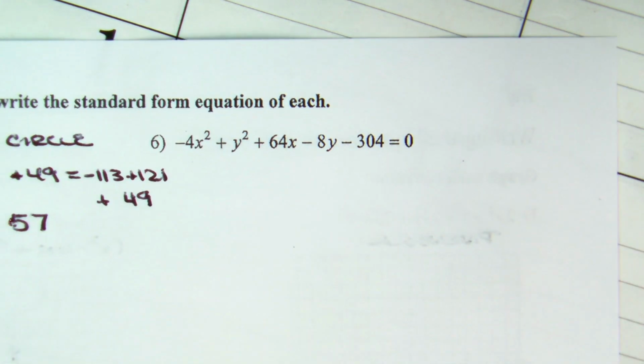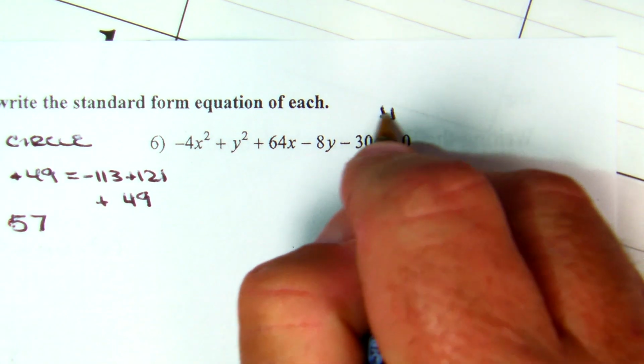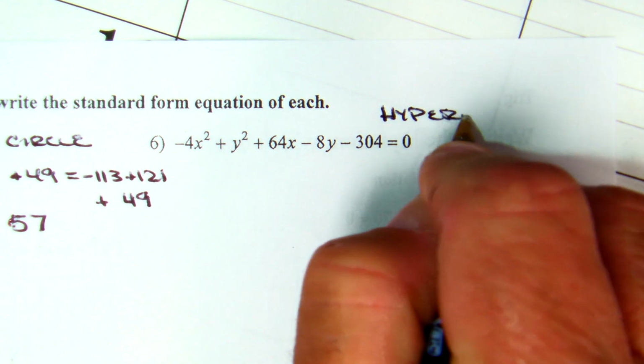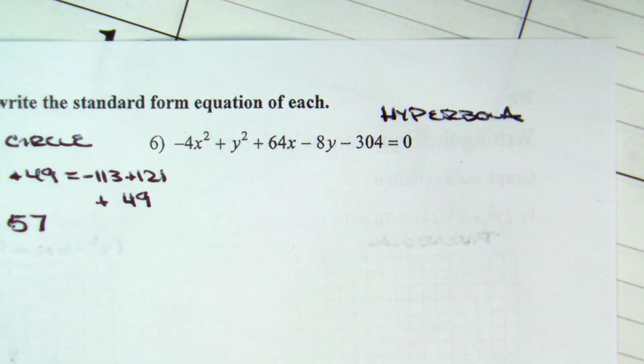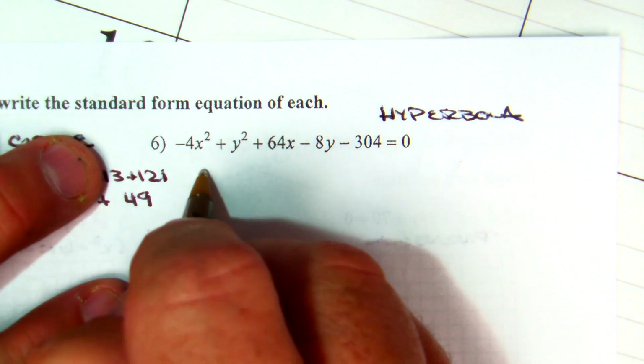Number 6, negative 4x squared plus y squared plus 64x minus 8y minus 304 equals 0. We got 2 squared, but one's positive and one's negative. What do we have for ourselves? Hyperbola. Good. All right, the y squared is positive.